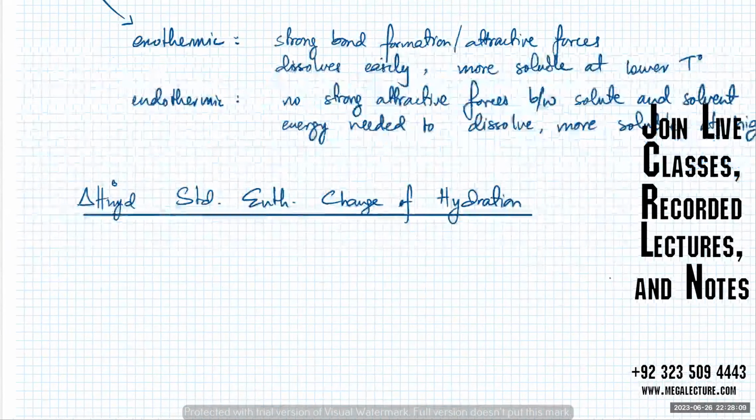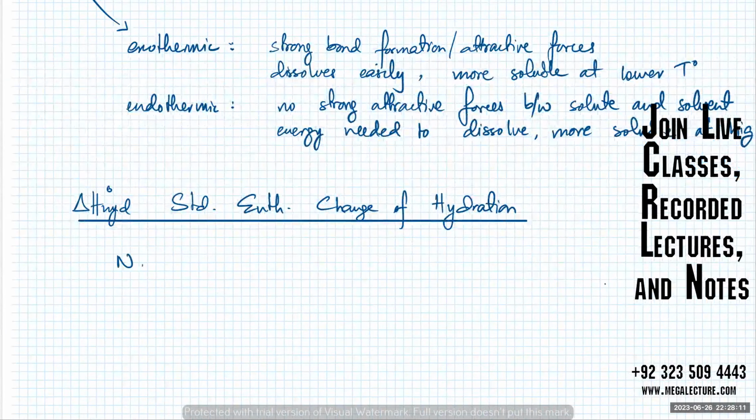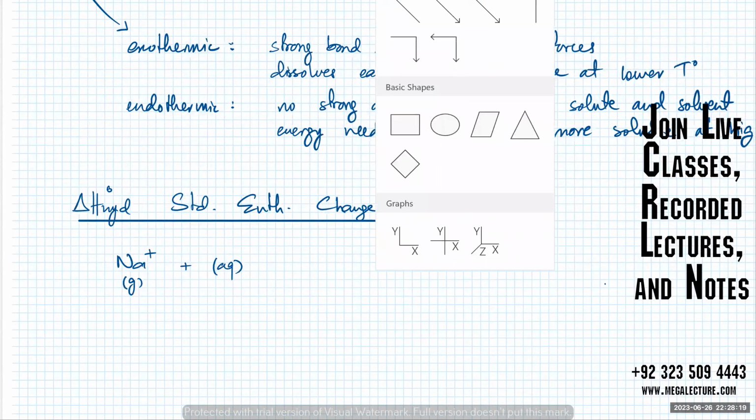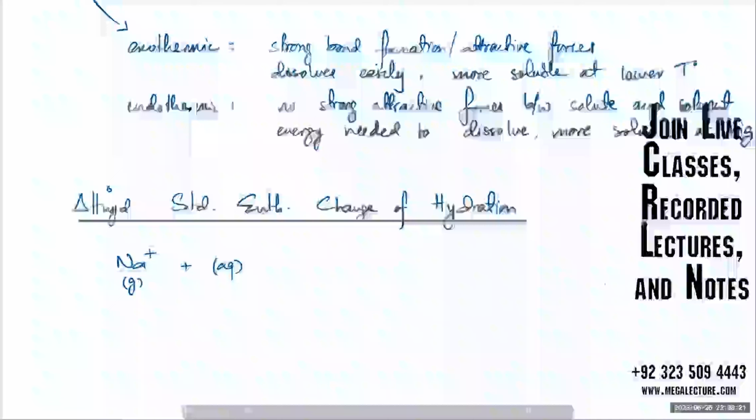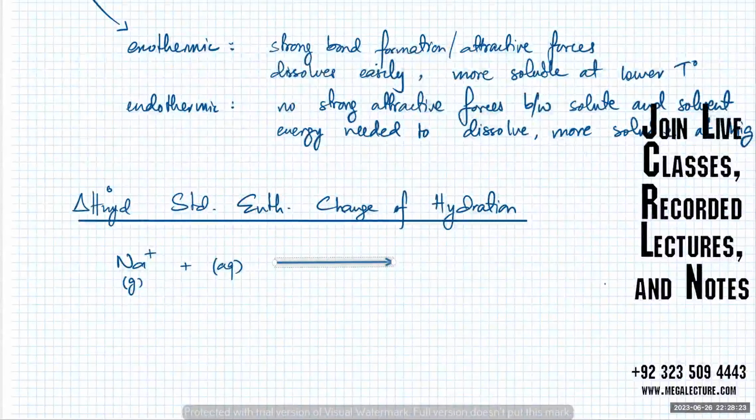Now, what is hydration? You've got a gaseous ion, any gaseous ion, and you just mix it in water, and it gets completely surrounded by water molecules, and it turns into an aqueous ion. So it becomes Na+ aqueous.